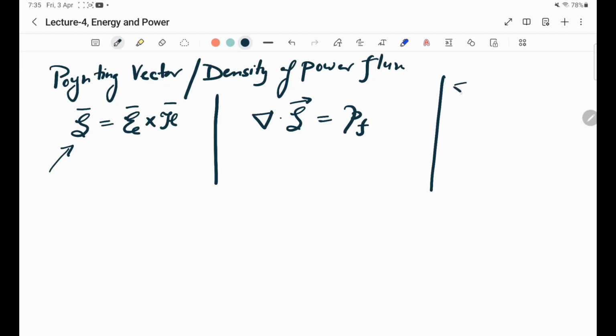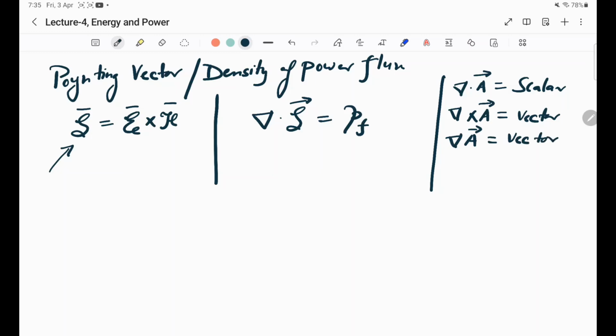Why? Because you know that the divergence of any vector A is a scalar term. The curl of any vector A is a vector quantity, and the gradient is also a vector quantity. Now since S is a vector quantity and you take the divergence of S, what you get is a scalar quantity, which is the density of power flux, denoted by small p subscript f.